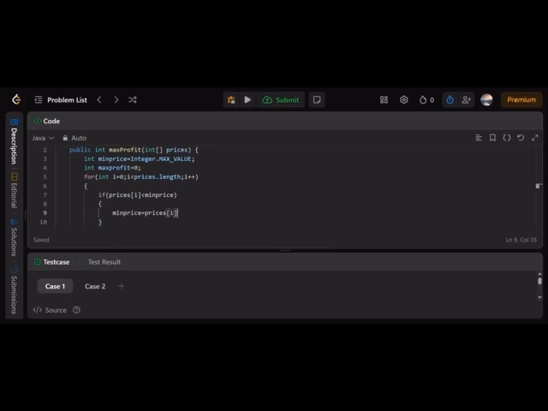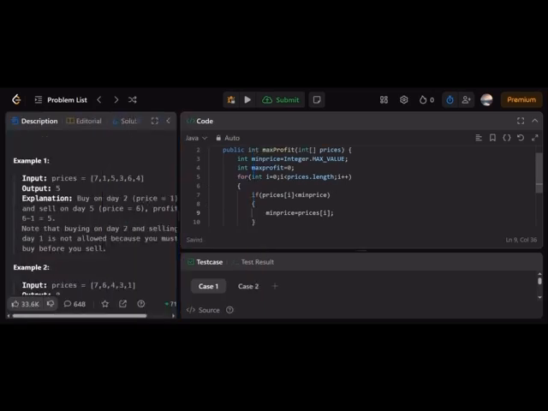In our first case, if you remember the array, this will check if this is the minimum. In this case Integer.MAX_VALUE is greater than 7, that means 7 is lesser, so this min price will get updated with 7.